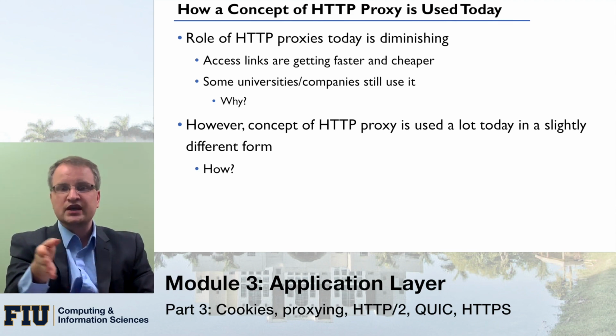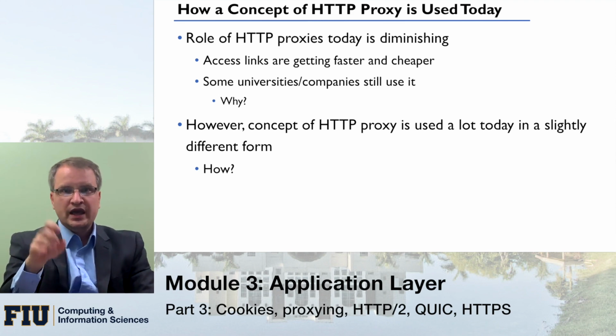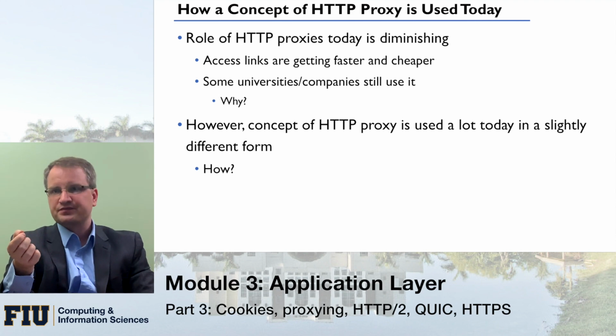That's one reason, and potentially it can dispatch requests to multiple replicas of the same server. And I mentioned that some universities still use HTTP proxying, and I think for FIU you can use it as part of the library.